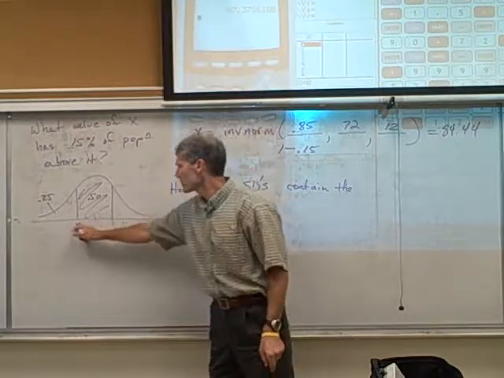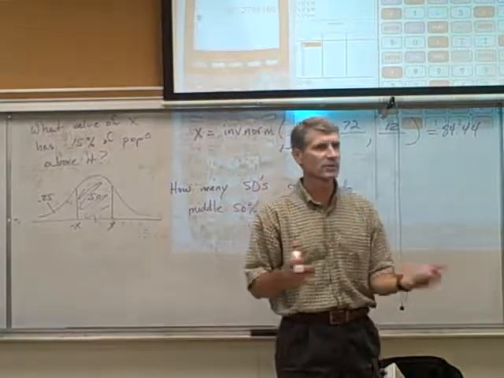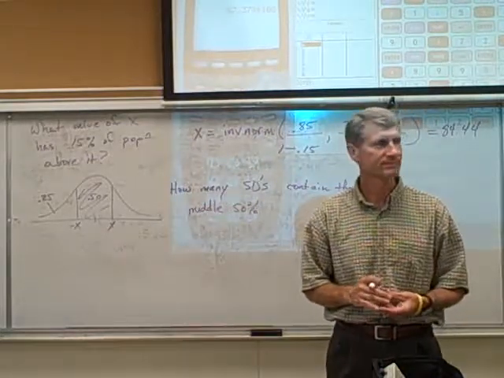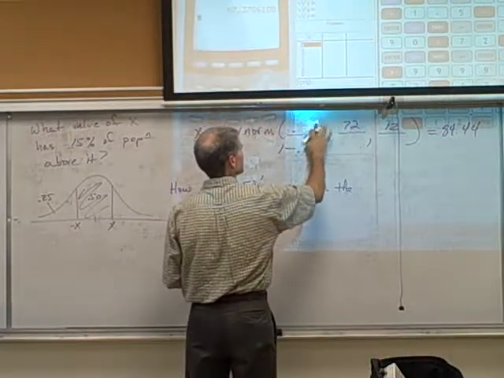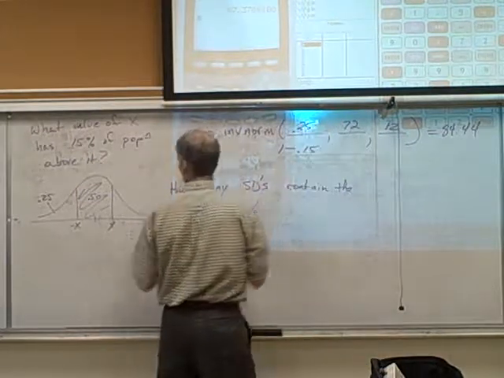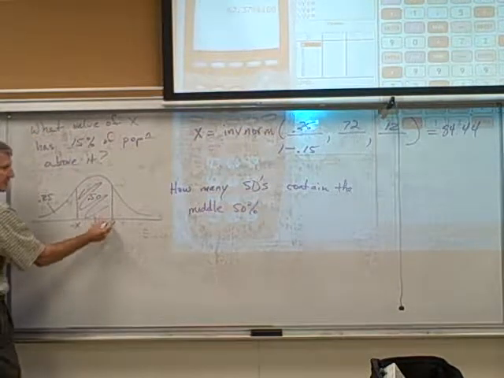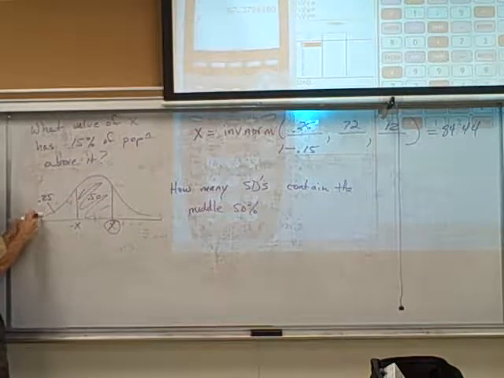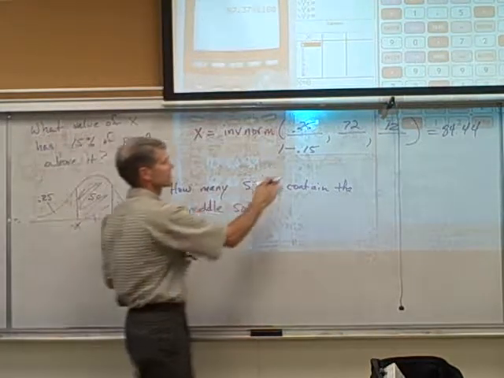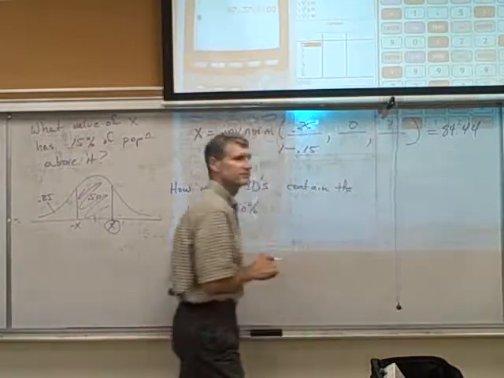That same number, so this will be negative x, this will be x. By symmetry, you know what the upper one is going to be. What would your first number be? Would that be the 50 or the 0.25? This is the 0.25. Because you always have to go area to the left. If I had shot for this x, my area to the left would be this 50% plus this 0.25, I'd have 0.75. And then this is going to be 0, and this is going to be 1.